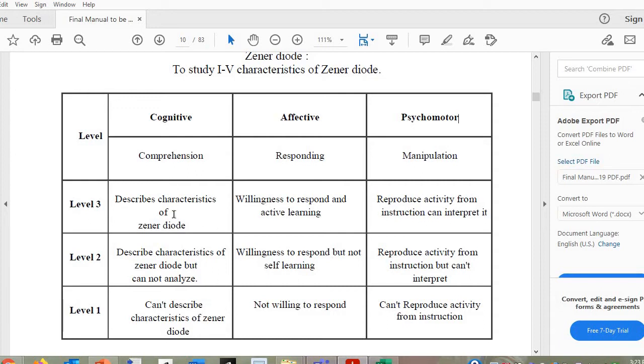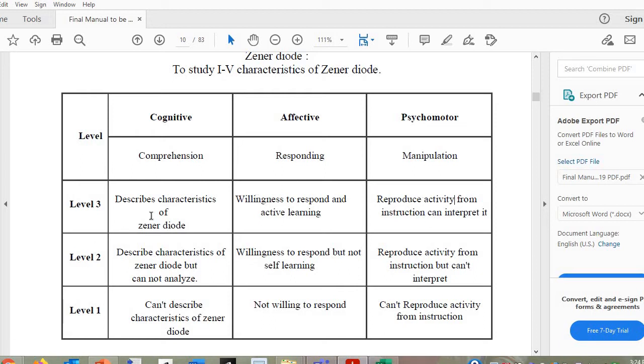Means for cognitive there will be 3 marks, for affective there will be 3 marks, and the rest 3 marks are for the psychomotor domain. And what you need to do to achieve those marks? Level 3 gives the answer. Of course, I can't expect that each and every student for each and every practical will satisfy level number 3.